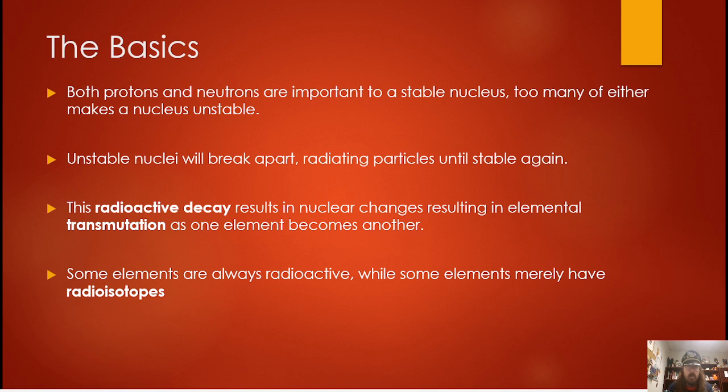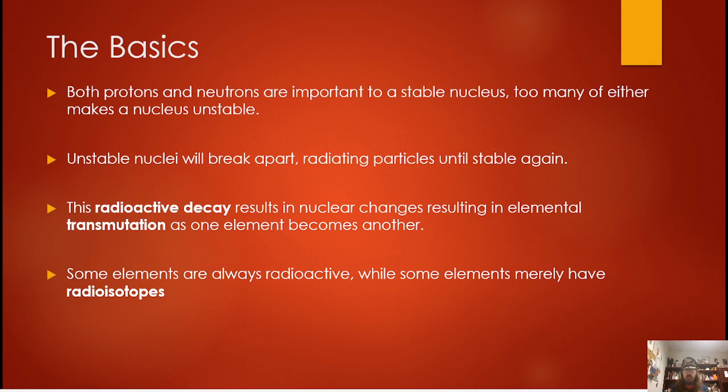Too many protons and the atom explodes; too many neutrons and it doesn't have enough sticking power to stick together, so it becomes too heavy, too unwieldy. But largely speaking, unstable nuclei will break apart, radiating particles until they become stable again, until they reach a number at which it is stable.